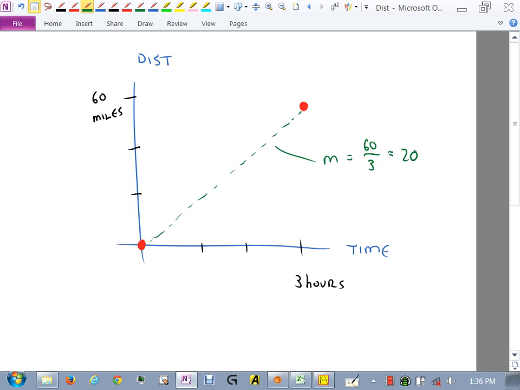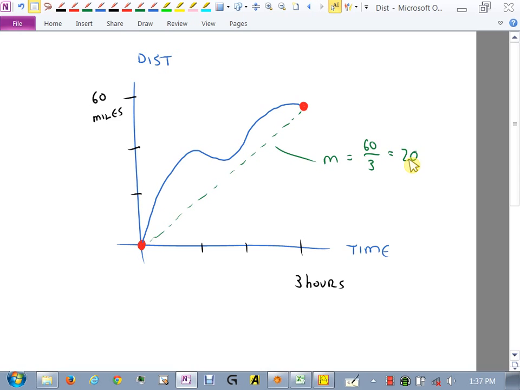The mean value theorem is saying this, that if you did this trip, now your graph wouldn't look like a straight line because you slowed down, you stopped at some stop signs, whatever it was. You got there eventually, right? The mean value theorem says that if your average speed over the whole trip was 20 miles per hour, somewhere in your trip, you had to go 20 miles an hour.